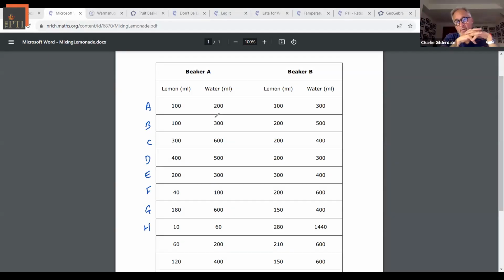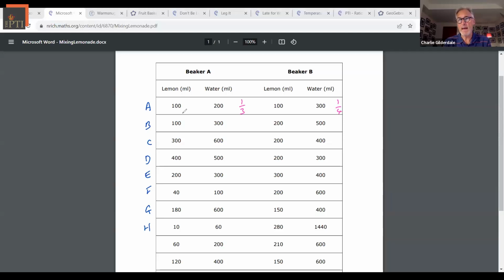Yeah, when we were talking about the poster and we did the fractions, they were awkward. So actually, the top line is quite a nice one to introduce fractions, because 1/3 is lemon, 100 out of 300, and 1/4 in beaker B. And so we can see that 1/3 is, hopefully most students know that it's 0.3 recurring, whereas the quarter is 0.25.